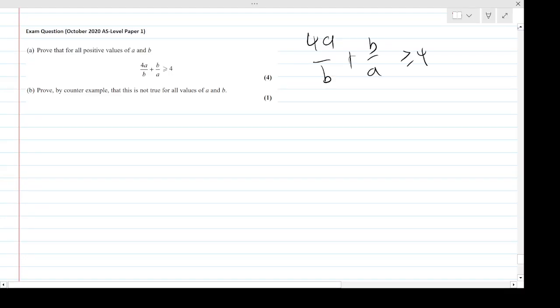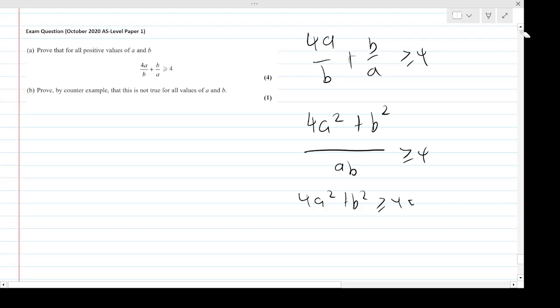Right, okay, so again we need to simplify this inequality, so probably best to add both fractions and see what we can do. If we add both fractions, we want a common denominator, so that's going to be ab. So we multiply the first fraction by a, we get 4a squared, and then we add b times b, that'd be b squared over ab. That's greater than or equal to 4. Now we can multiply across by ab to get greater than or equal to 4ab.